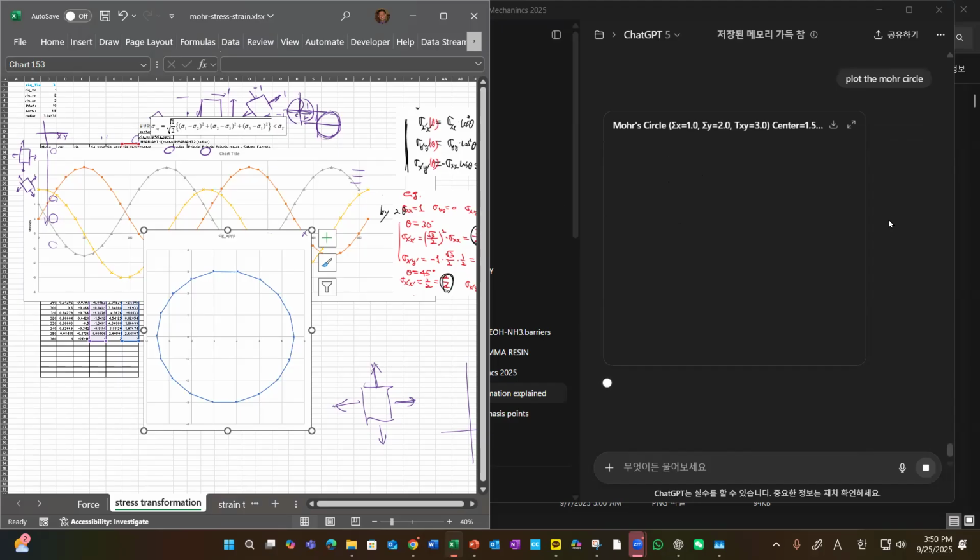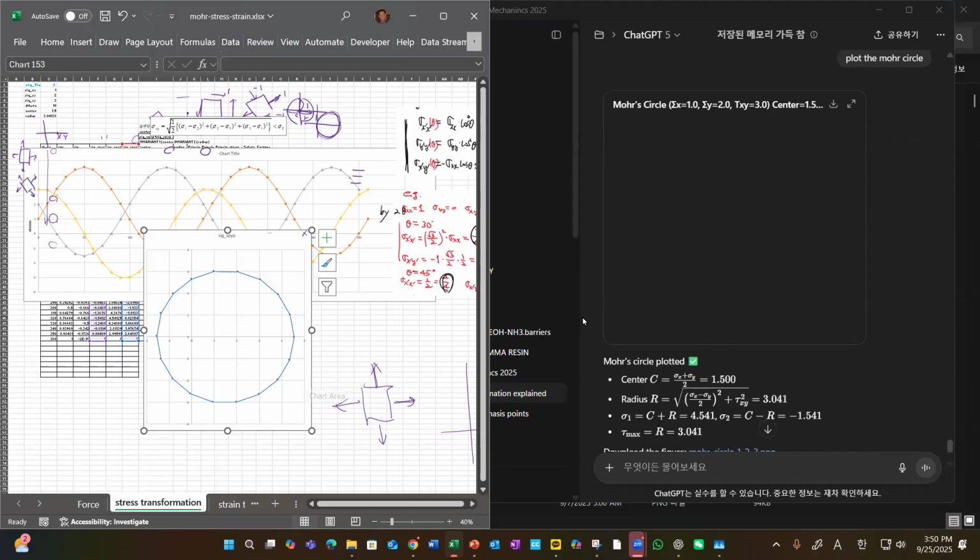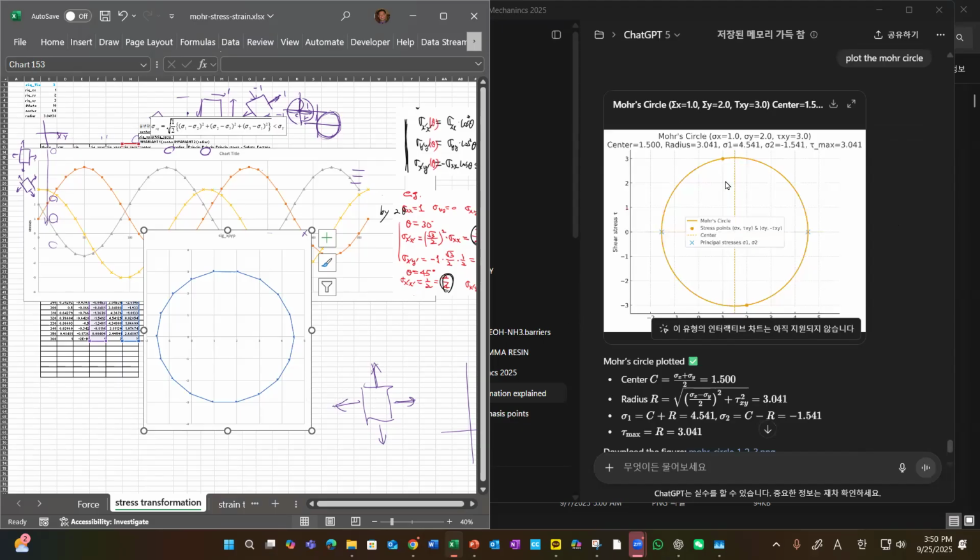See, Mohr circle. It says sigma x, and so on. I think it's still drawing. Okay. Let's see, same.